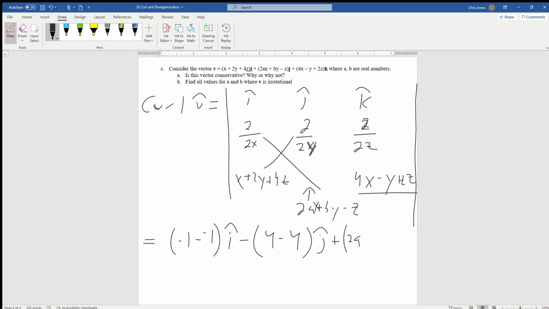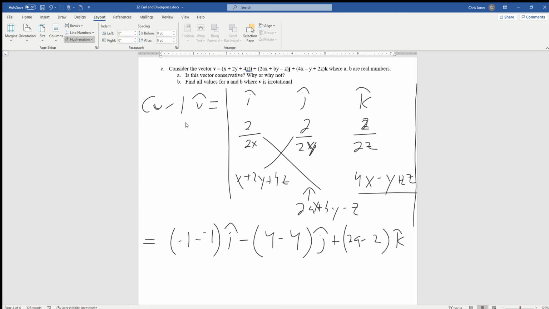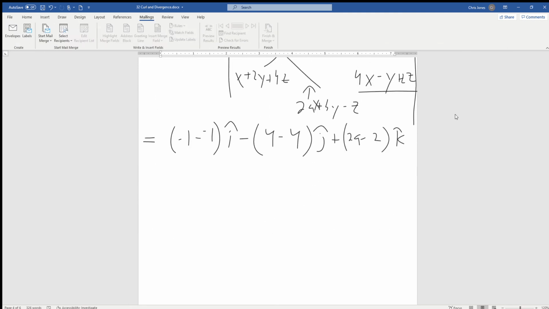And then going up, the derivative with respect to y is going to be just 2. There should be a minus in there, excuse me. In other words, our curl is just going to be 2a minus 2 of k.